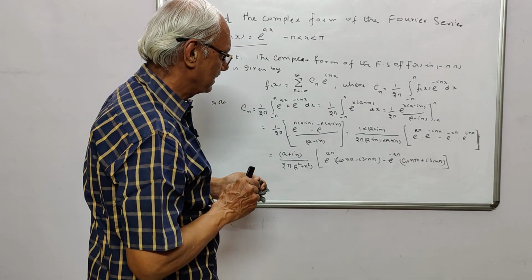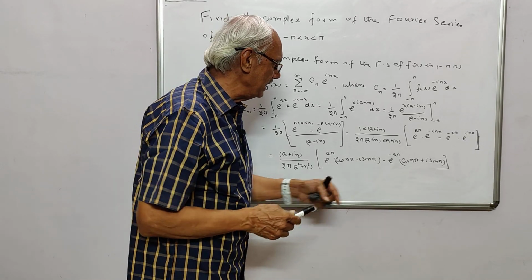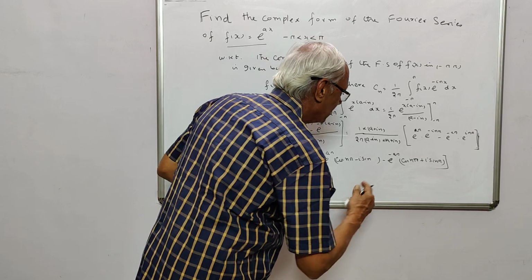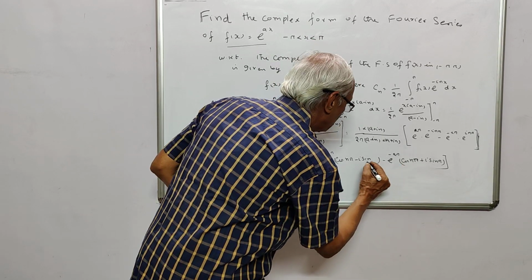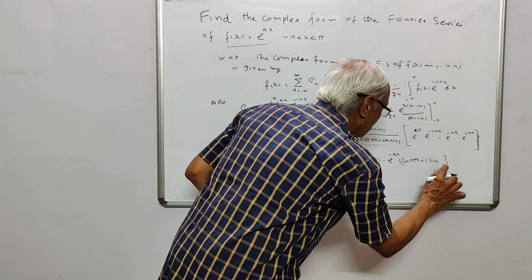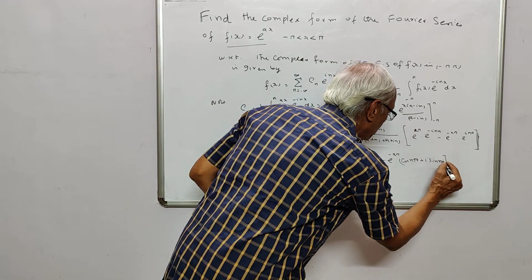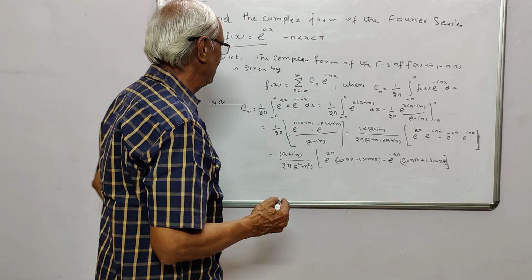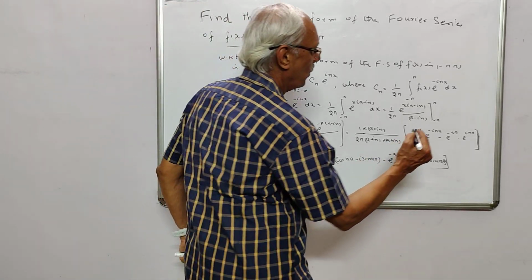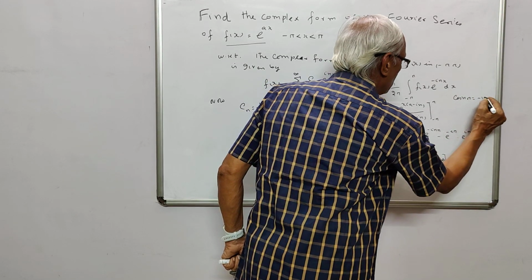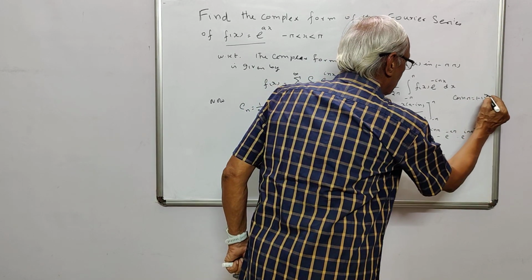Now coming to this, see, this is sin n pi, this is sin n pi. So you see that I will write here cos n pi. Cos n pi is equal to minus 1 to the power of n.